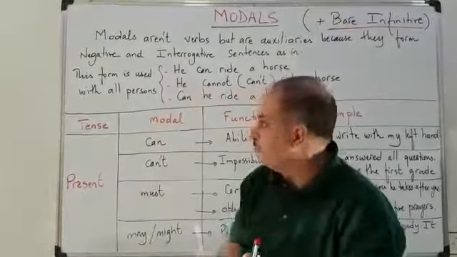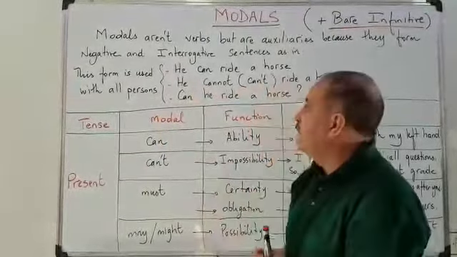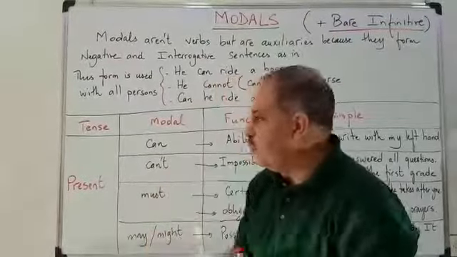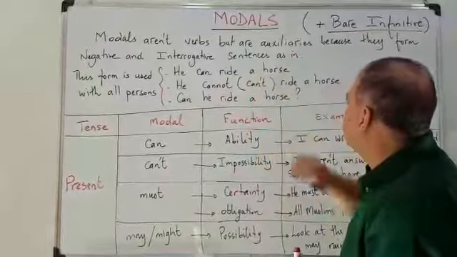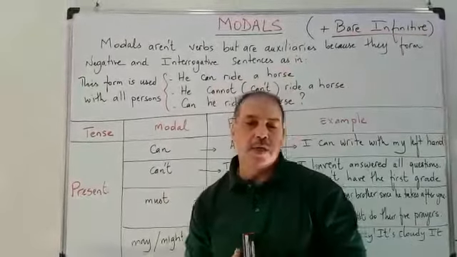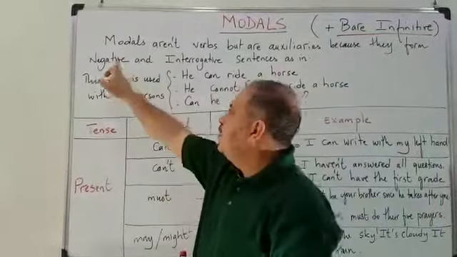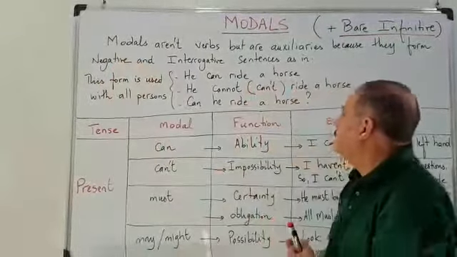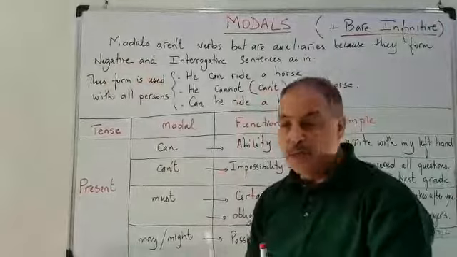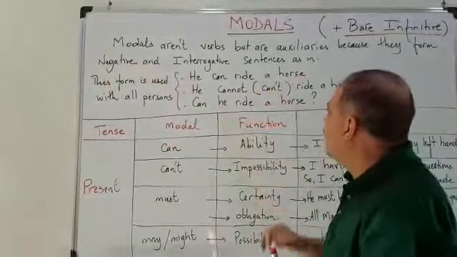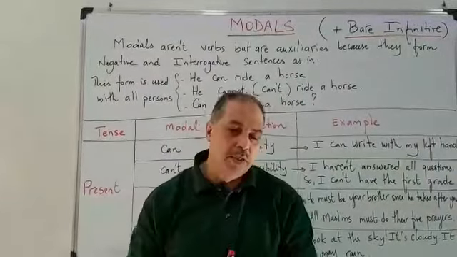That's the first thing. And then the second thing is that modals are not verbs. They are not verbs, but are auxiliaries. Why auxiliaries? Because they form negative and interrogative sentences, as in the following sentences. For example, he can ride a horse.